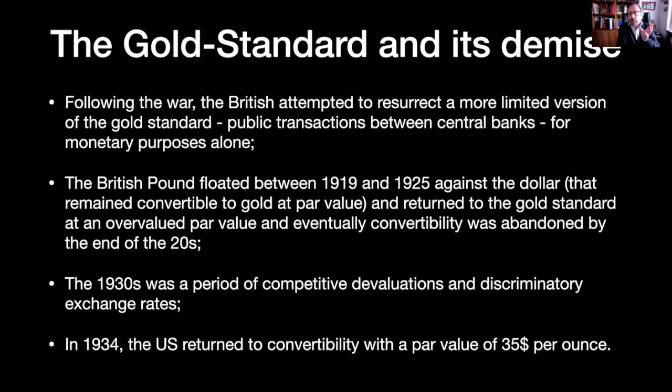And then in the 1930s, as we've seen, the interwar period was one where states, in order to make their exports more attractive, devalued their currency. That is to say, they made the value of that currency versus gold or versus other currencies lower.